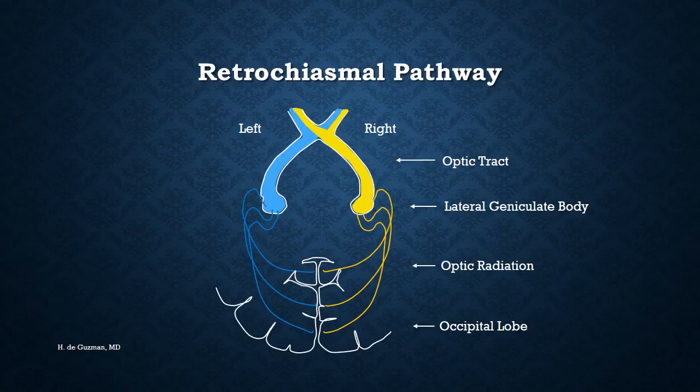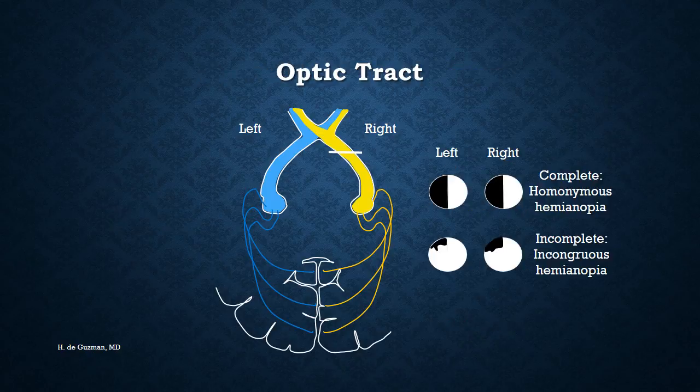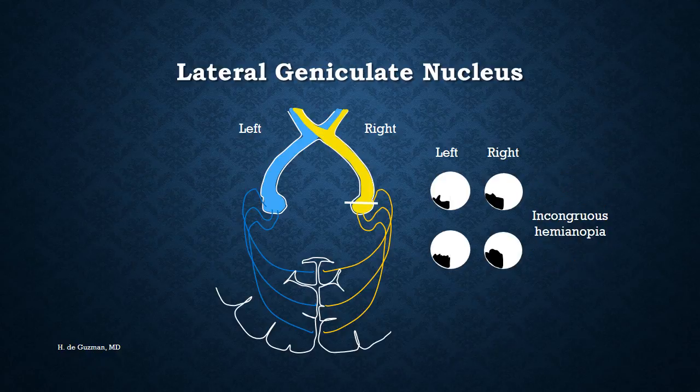So now we go beyond the optic chiasm, which is called the retrochiasmal pathway, and it's made up of the optic tract, the lateral geniculate body, the optic radiations, and the occipital lobe. A right optic tract lesion would produce these kinds of defects, and a right LGN lesion would produce these kinds of defects.